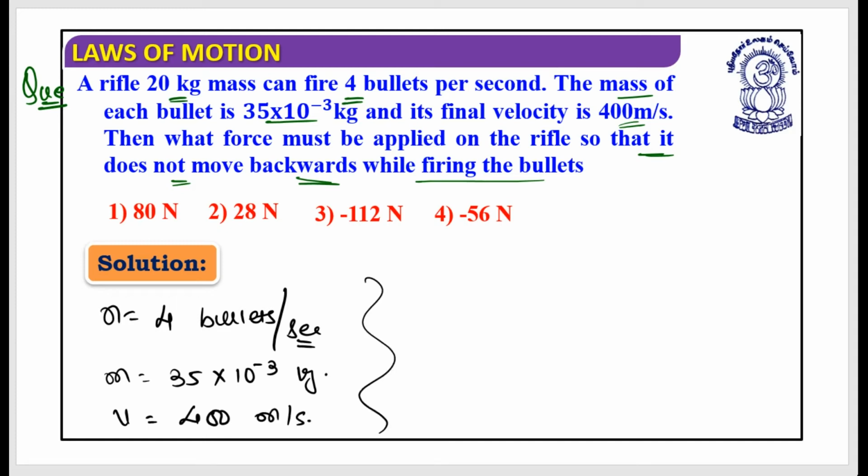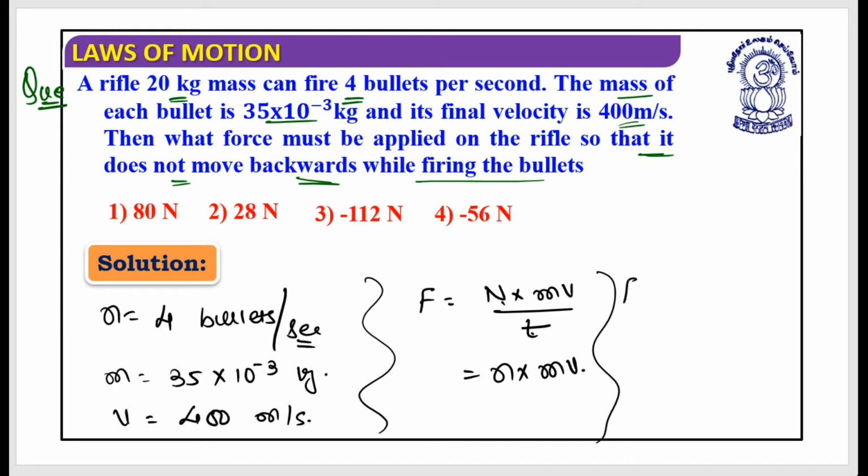While I calculate, I must understand that F is equal to nmv divided by t. I can replace n by t as a small n, the number of bullets per second. So this is nmv, and this is the force that is required. If I put in the values, it's 4 bullets, mass 35 into 10 to the power minus 3 multiplied by 400, which is 4 into 10 to the power 2.